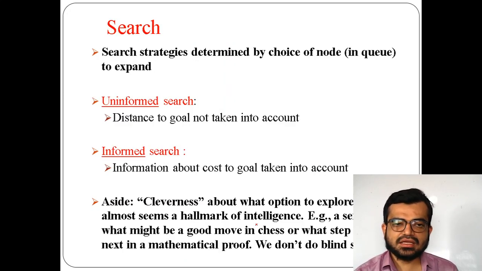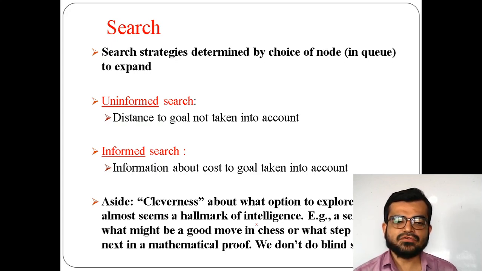Today, as I said, we look at the differences between uninformed search and informed search. In uninformed search, we don't have knowledge. That means we don't know what distance will be taken to reach the goal state, that is the final state. Without information on the distance to the goal state, it performs the search operation.